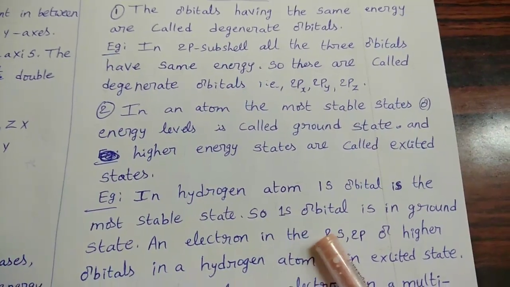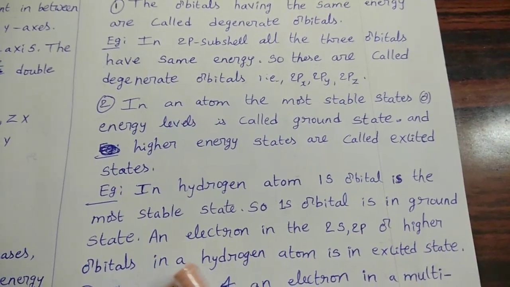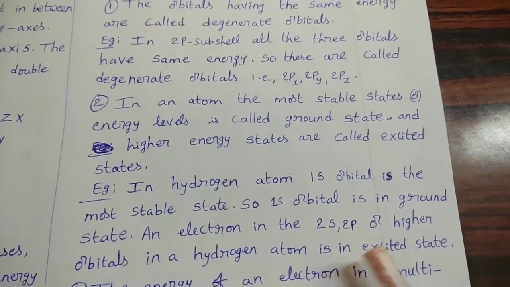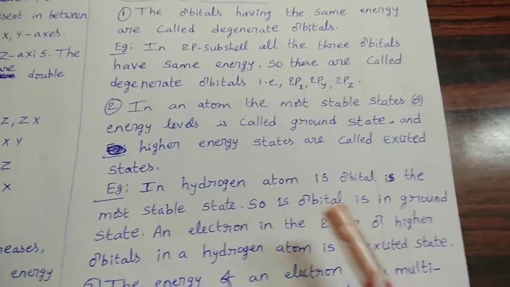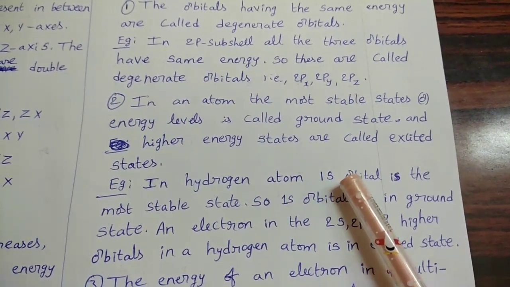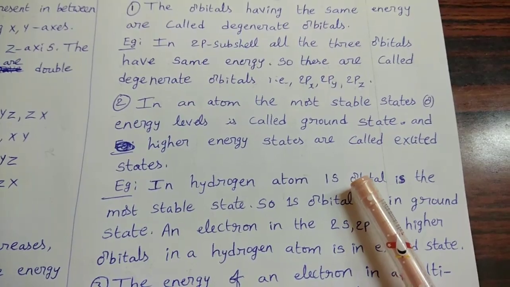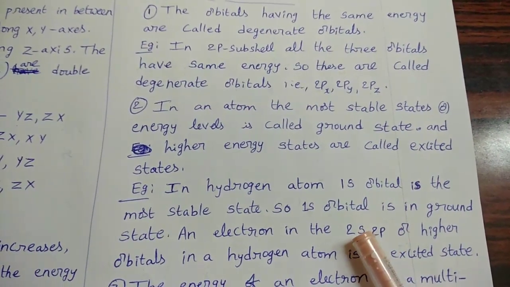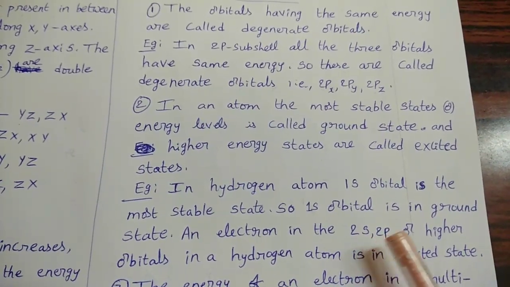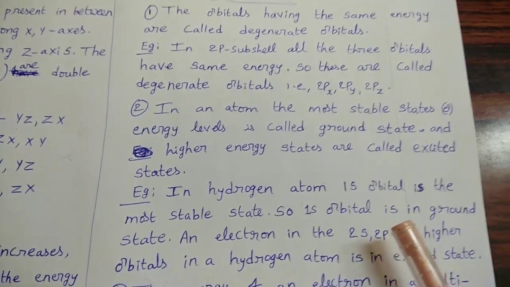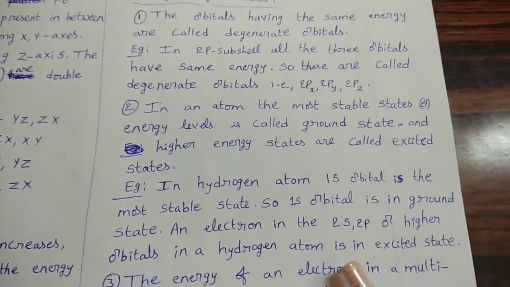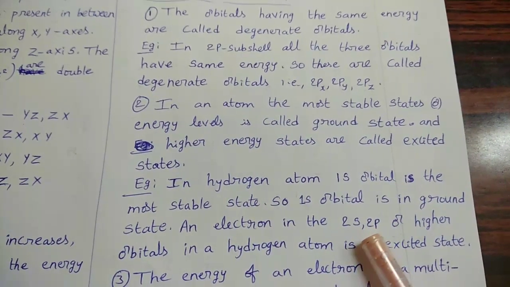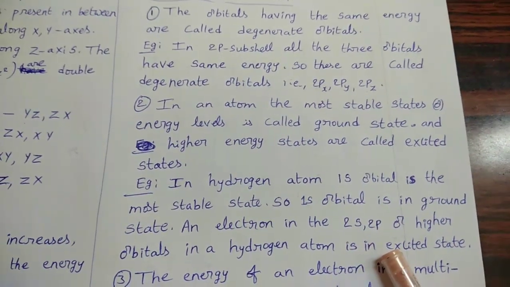An electron in the 2s, 2p or higher orbitals in a hydrogen atom is in excited state. So related to hydrogen atom, 1s orbital is the most stable one. So that orbital is present in ground state. The remaining orbitals 2s, 2p, 3s, 3p, 3d, all these orbitals have higher energy. So these are present in excited state.